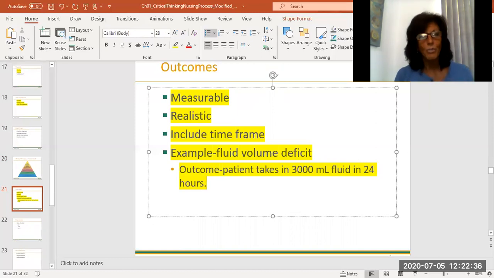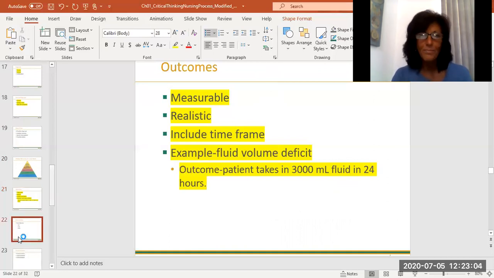That is a measurable outcome with a specific time frame that's realistic. Patient will take in 3,000 milliliters of fluid in 24 hours. And when we're talking about hospitals, acute care, they're going to be shorter time frames, right? If we're talking about long-term care, I'm going to be talking about maybe a time frame for a week or so, depends. But just so you understand, it's got to be specific and measurable when we talk about outcomes, okay?